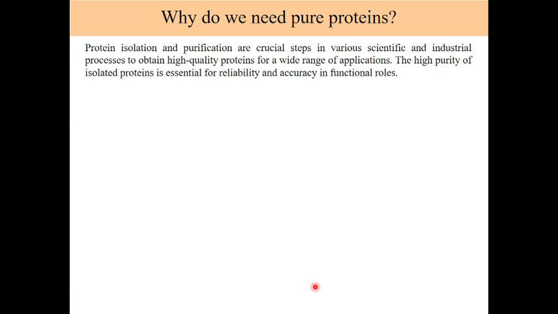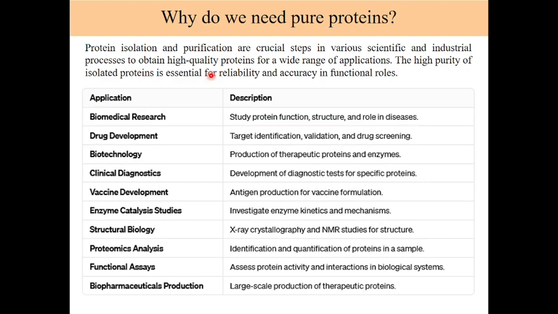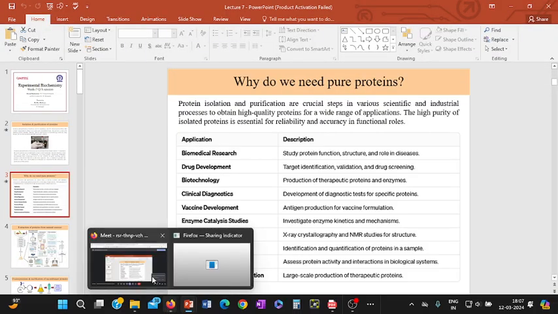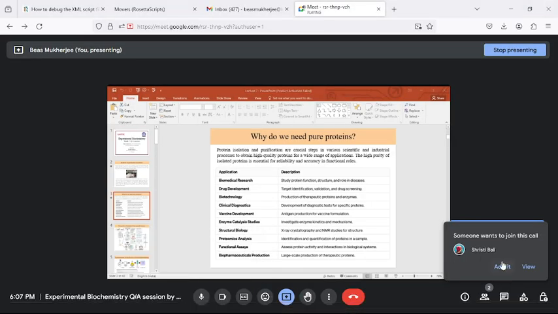Protein isolation and purification are crucial steps in various scientific and industrial processes to obtain high quality proteins for a wide range of applications. The high purity of the isolated proteins is essential for reliability and accuracy of the different functions that the proteins are made to undergo.